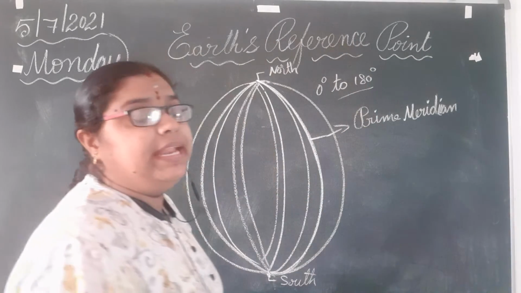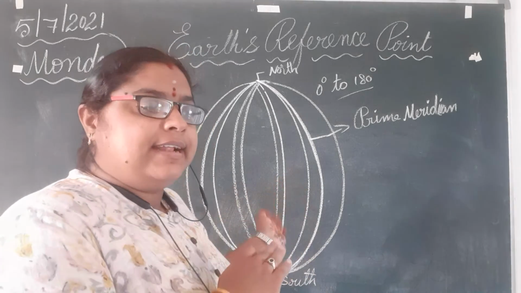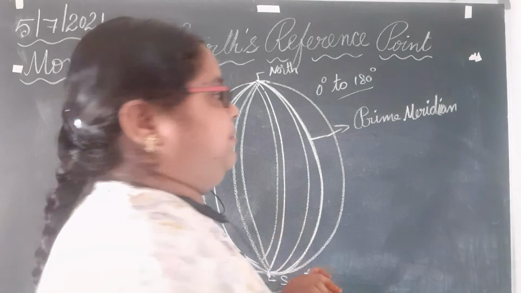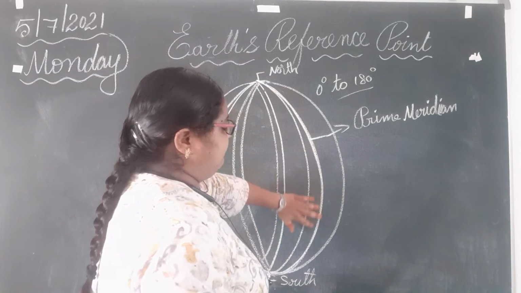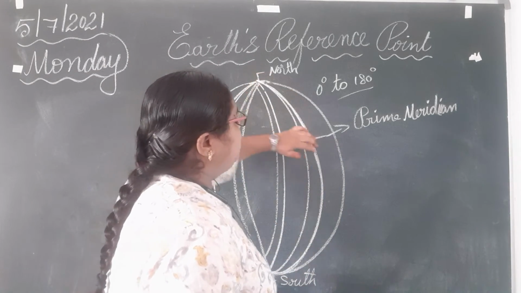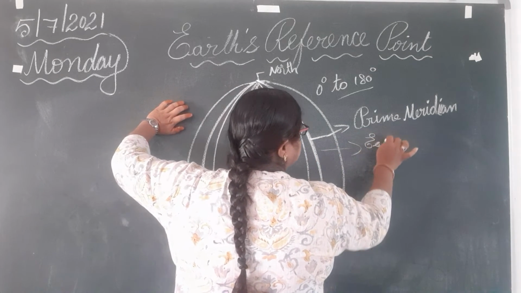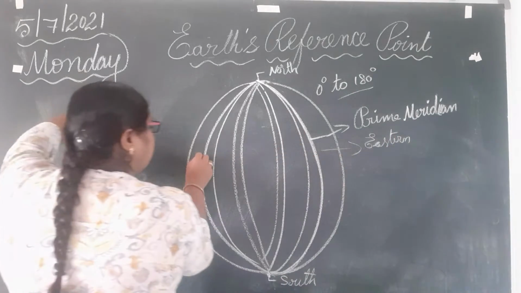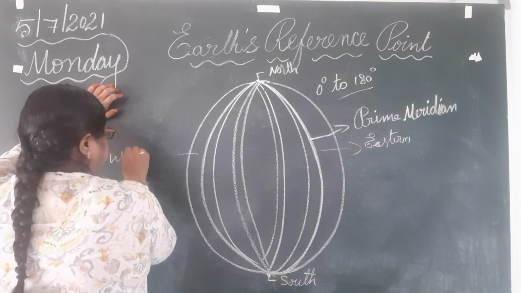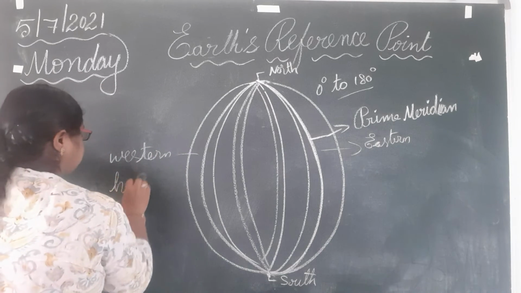The prime meridian divides the Earth into the eastern and western hemisphere.